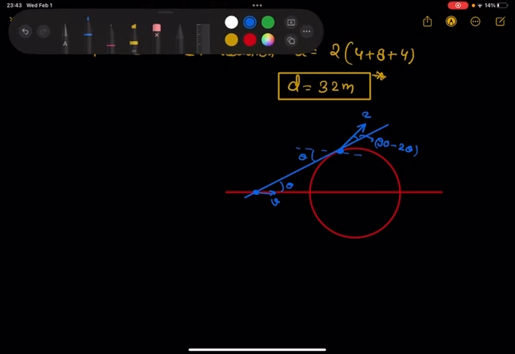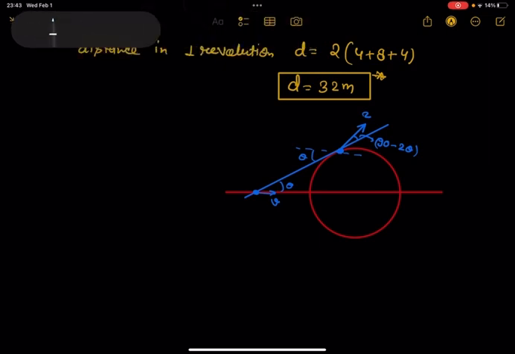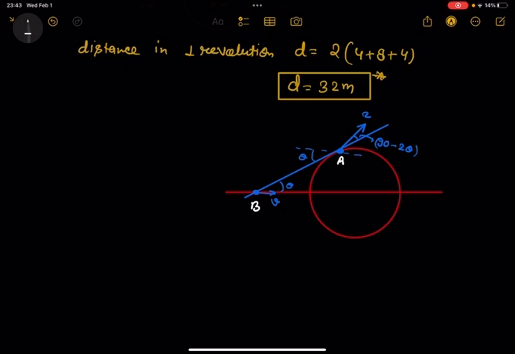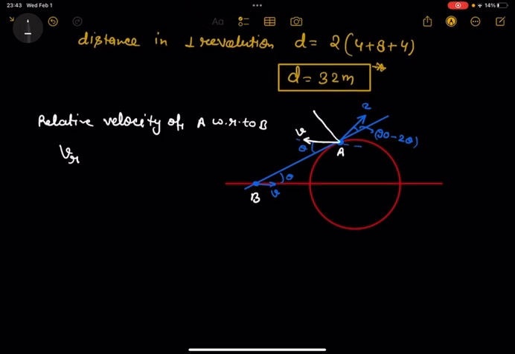So now for better understanding, just see, if B is observing A, then B is giving a speed along this direction, that is V. So we can write the relative velocity of A with respect to B. So VR: one component along this direction is V sin θ, and this component is also 2 sin(90 - 2θ).